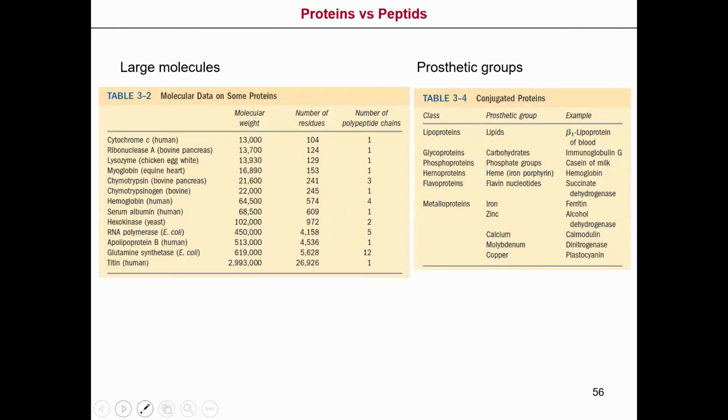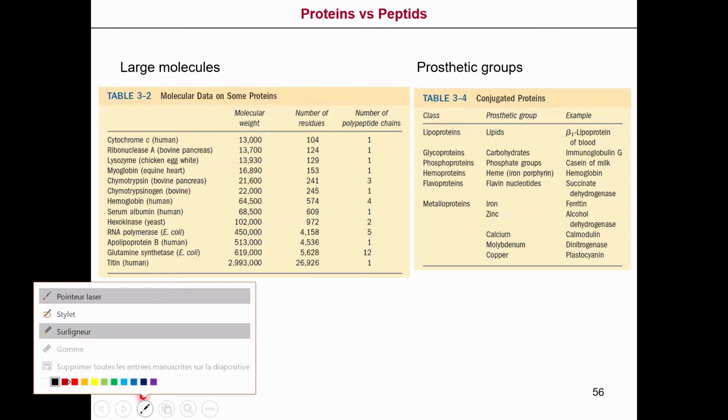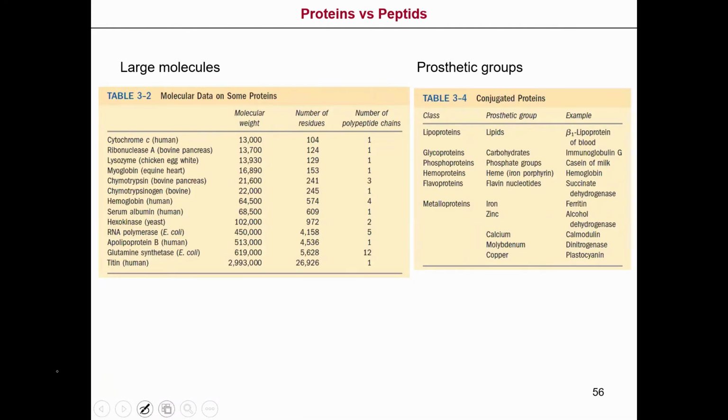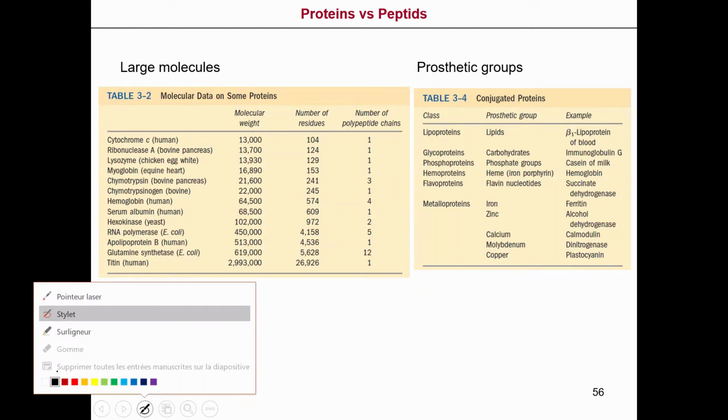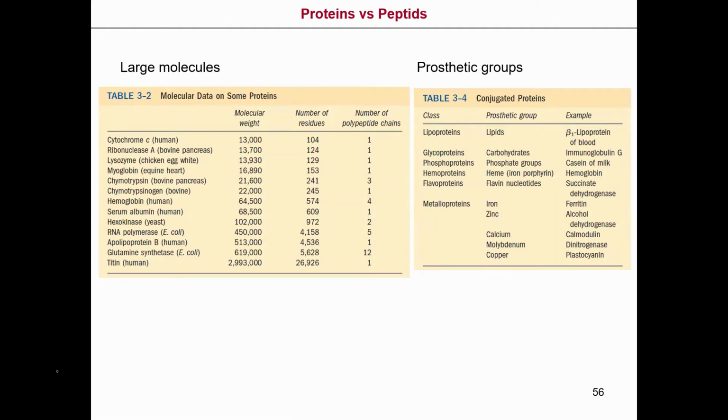So I already answered this question, but what is the difference between peptides and proteins? Indeed, there are two definitions.